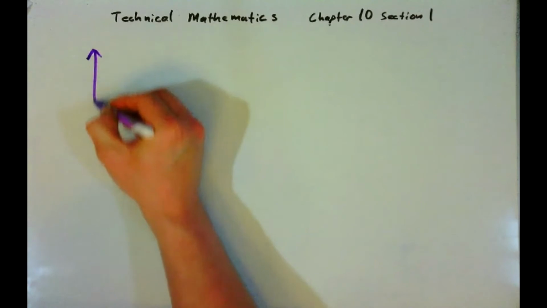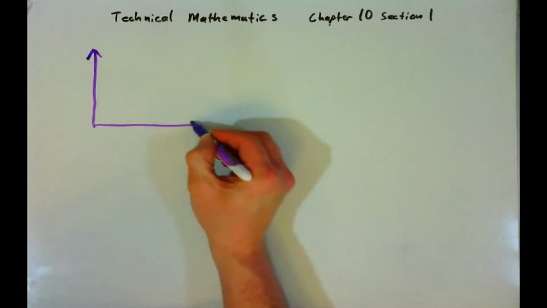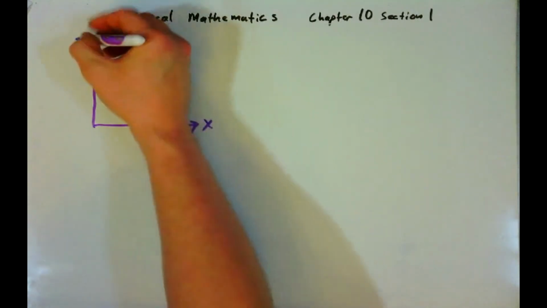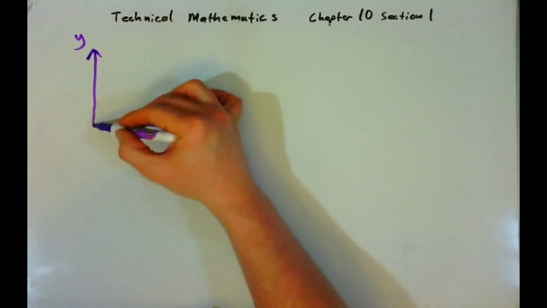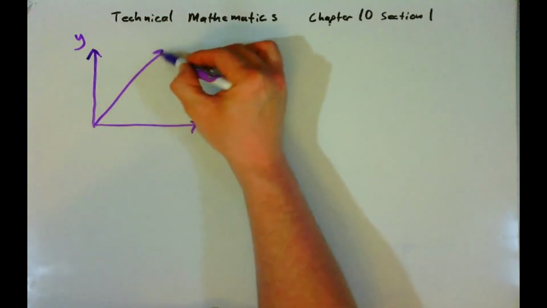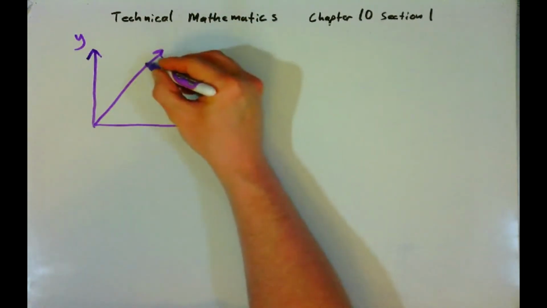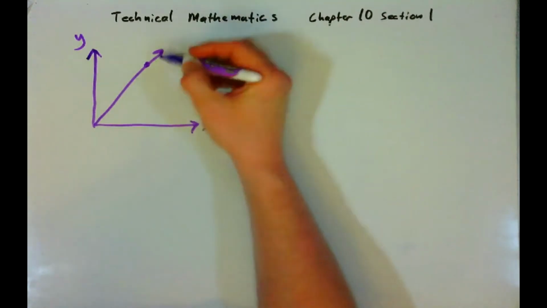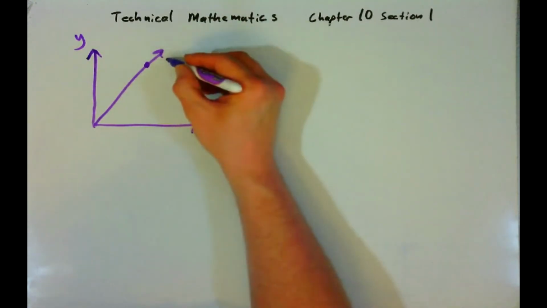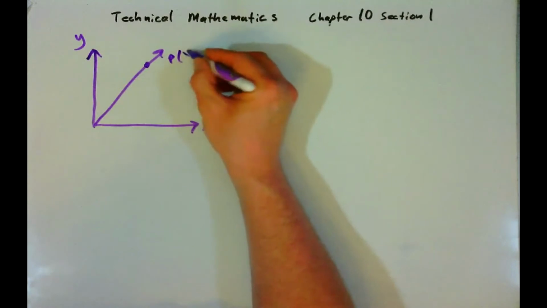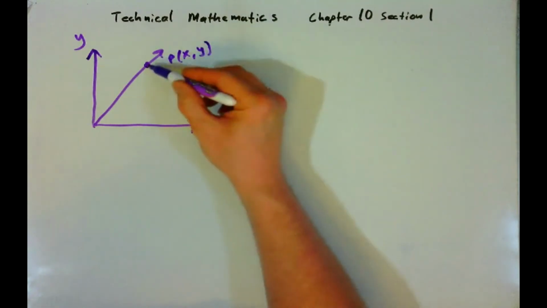Let's again consider any angle in the xy coordinate plane. I'm just going to draw the first quadrant here. Any angle in the xy coordinate plane passes through an infinite number of points, but we'll just pick one of these points. And this point has some xy coordinate.